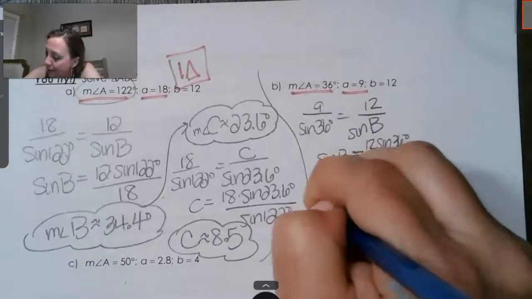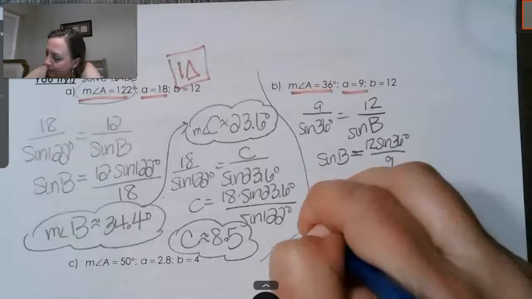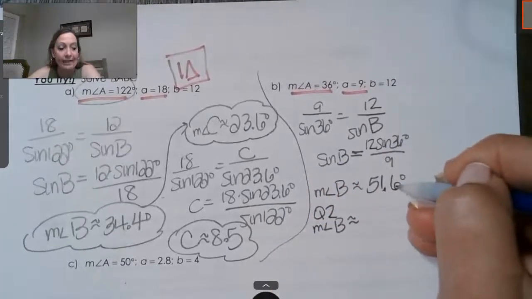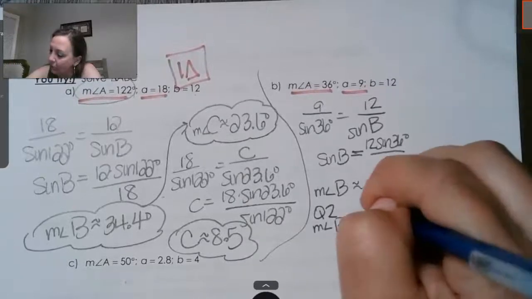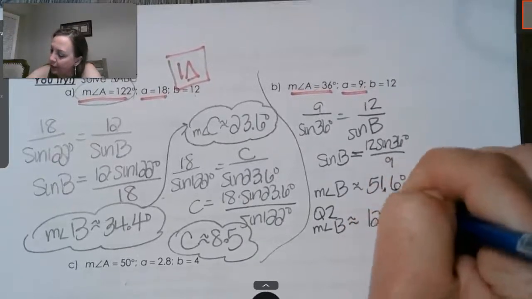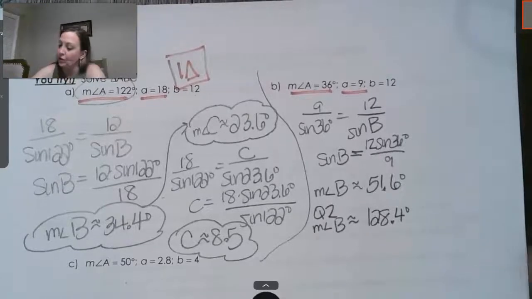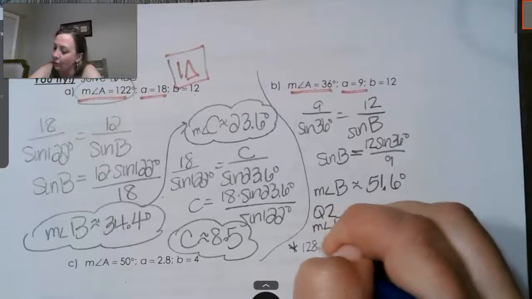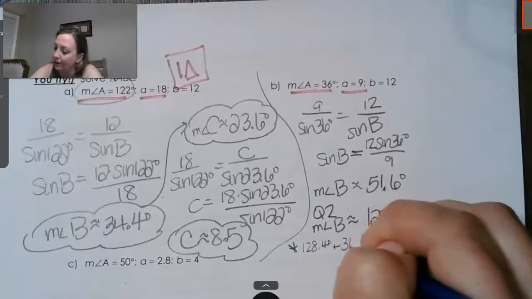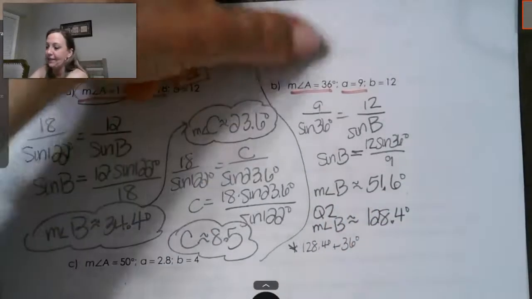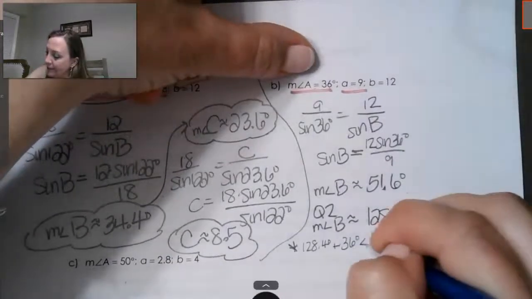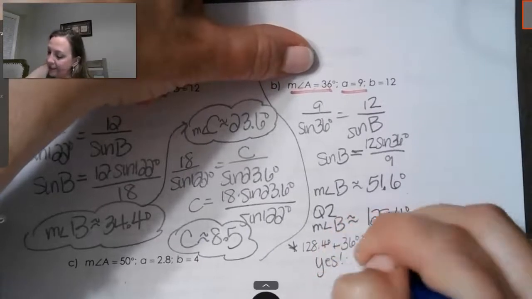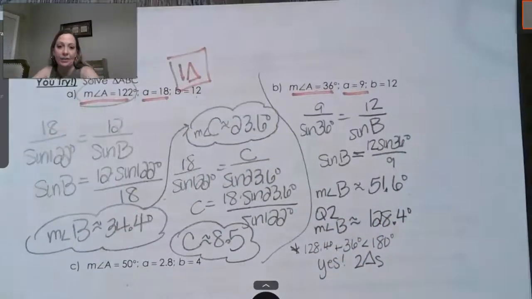So let's look at my quadrant 2 angle B. My quadrant 2 measure of angle B would be 180 minus 51.6, which would be 128.4 degrees. So what happens if I try to add that quadrant 2 angle with my original angle that was given, 36 degrees? Is it less than 180 degrees? It is. So that means we have two triangles.